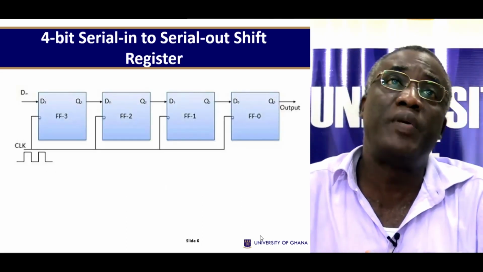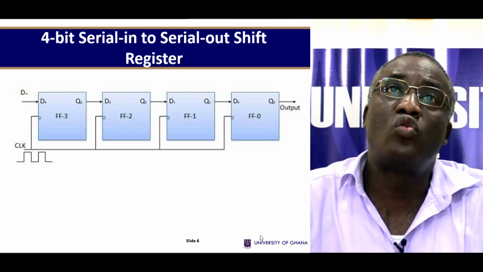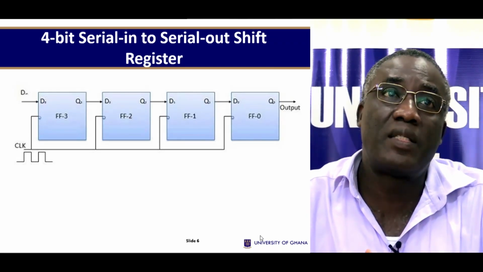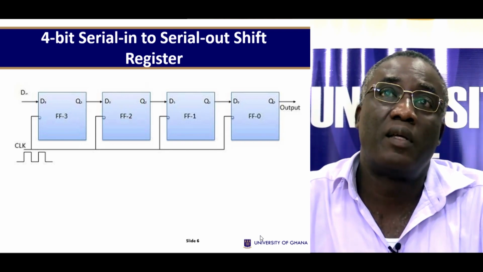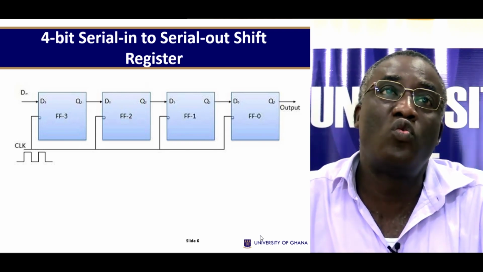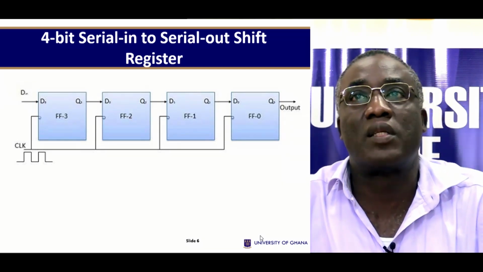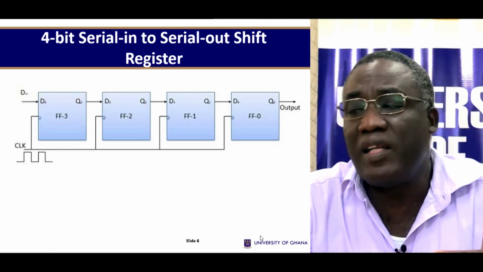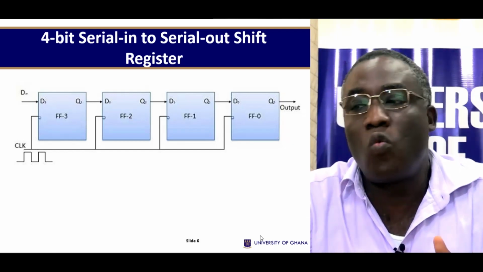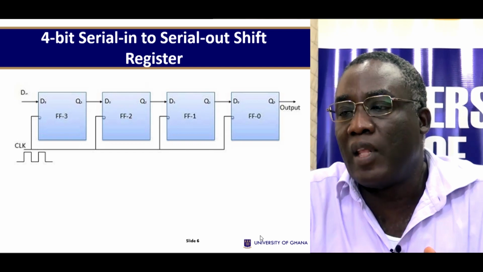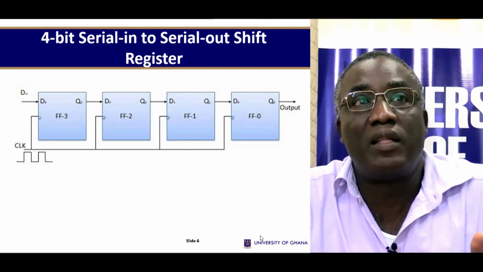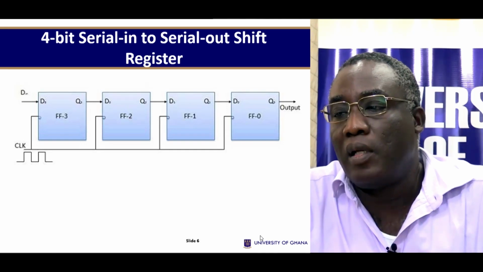So this is a 4-bit serial in to serial out shift register. It's got 4 flip-flops, F0, F1, F2, F3. It's only got 1 input and 1 output. The data is shifted serially in and out of the register, 1 bit at a time, in either a left or right direction under the control of a clock.